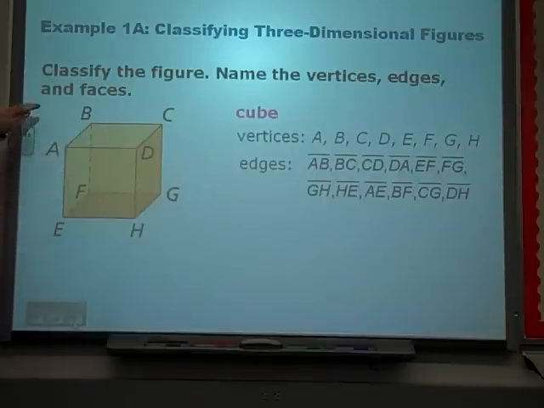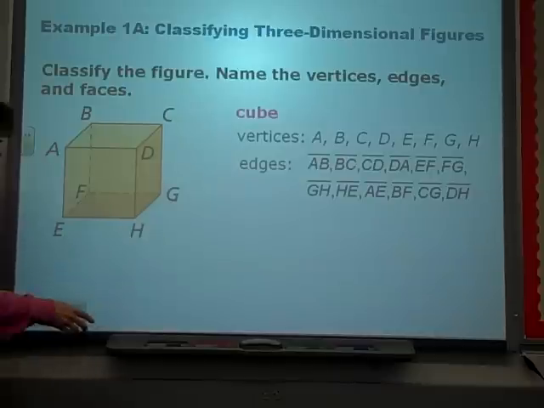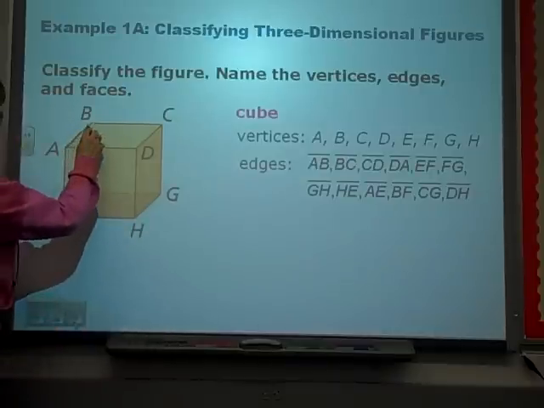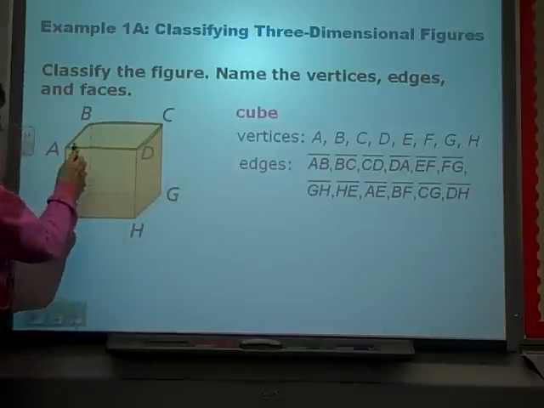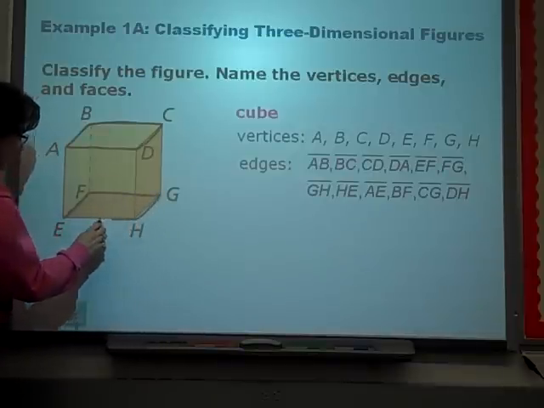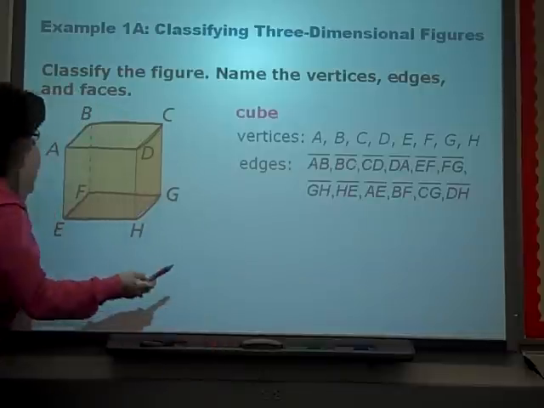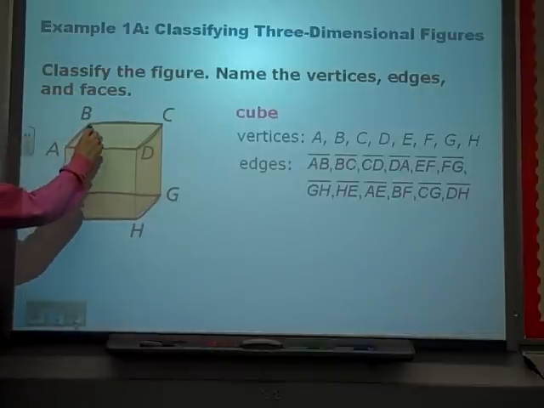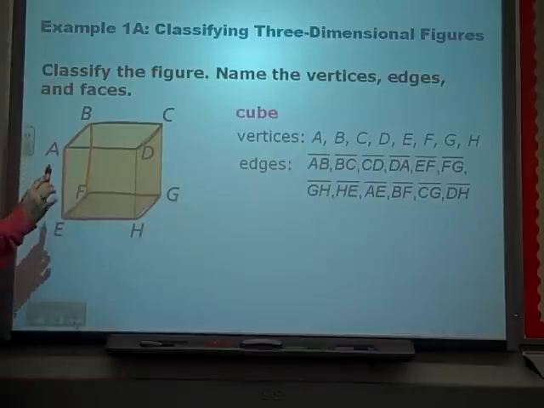When you're talking about naming the faces, you're looking at the top, A, B, C, D. You can name that. And the bottom, E, F, G, H. You can also name the sides, A, B, F, E. Remember, name them as we trace them.